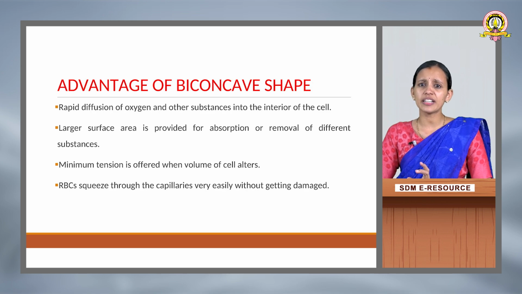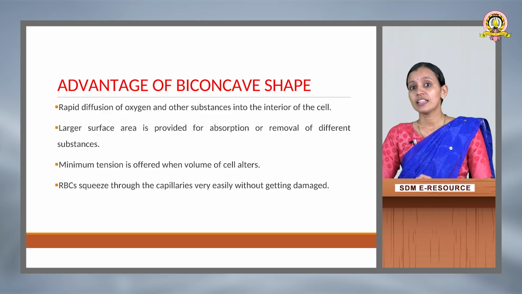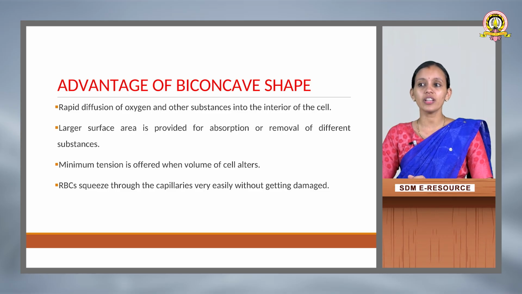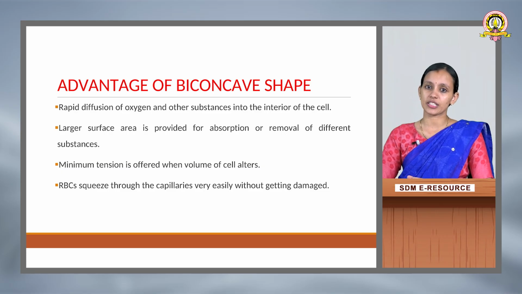So what is the advantage of this biconcave shape of RBC? Because of the biconcave shape, there is rapid diffusion of oxygen and other substances into the interior of the cell, and a larger surface area is provided for absorption of substances as well as for removal of different substances.